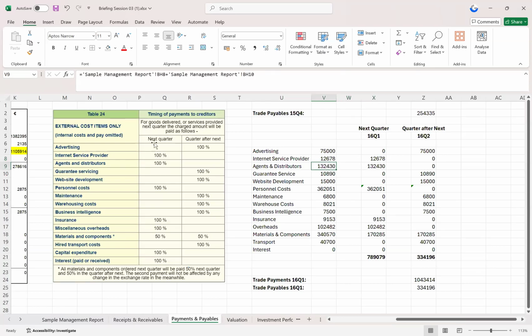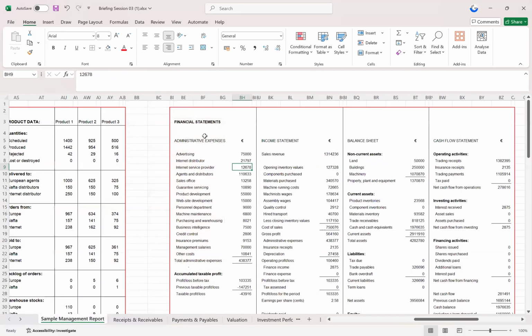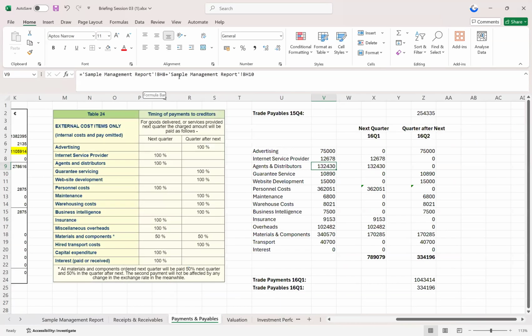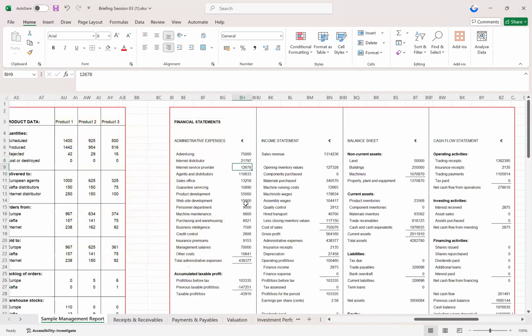Similarly, for agents and distributors, we have done the same. I have added two costs. One is 110673. If you see, the formulas are here.